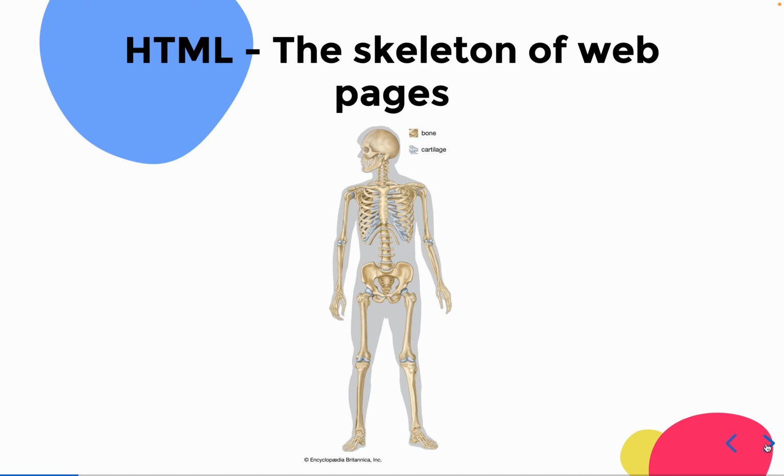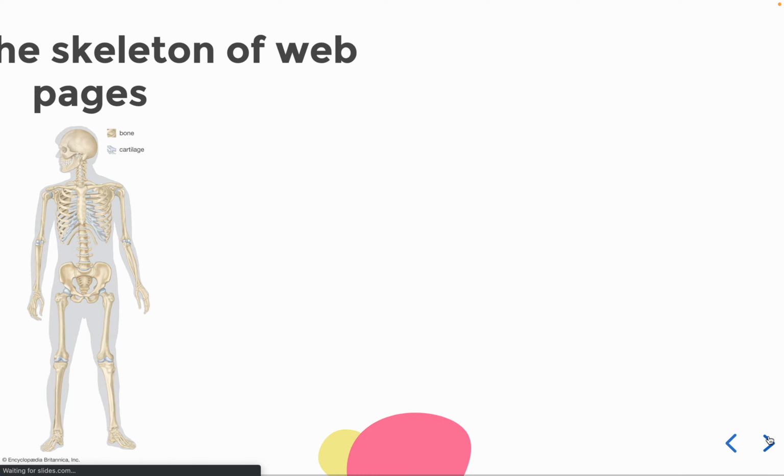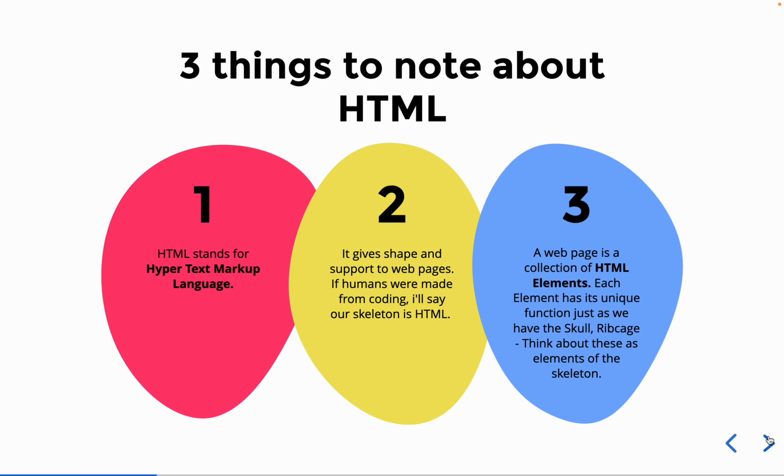HTML, the skeleton of web pages. So just imagine the human body was created with programming languages. I'll say the skeleton was created with HTML because HTML gives shape and structure to our web pages. There are three things to note about HTML.